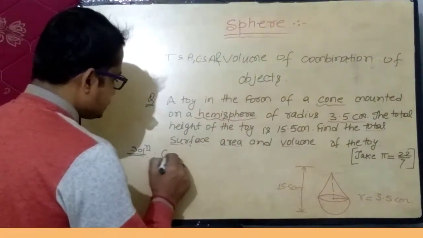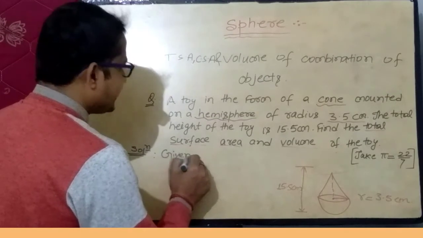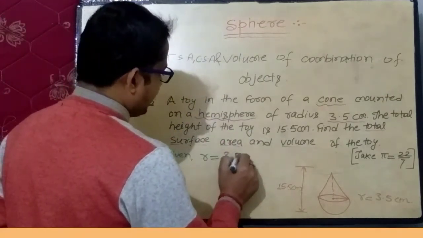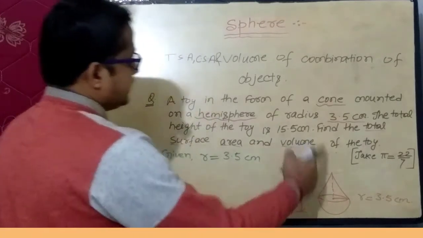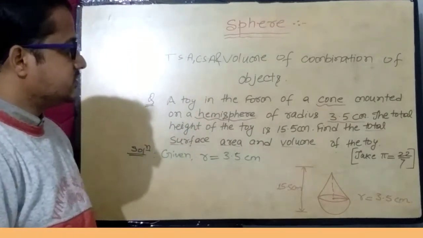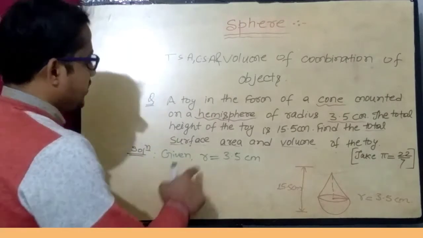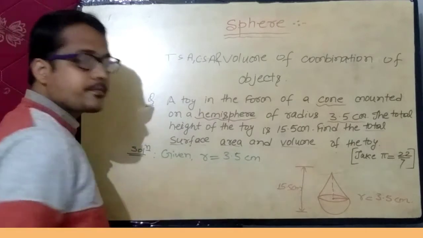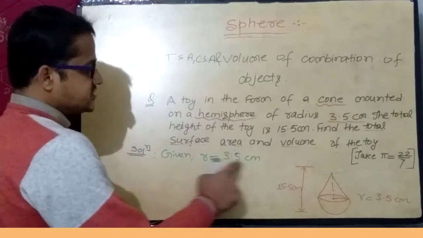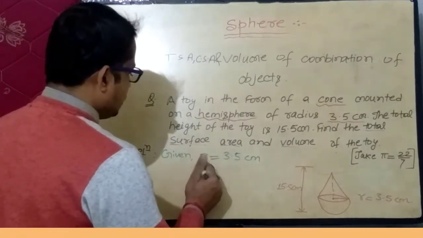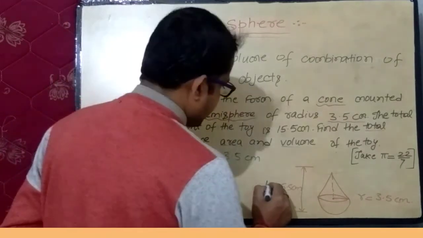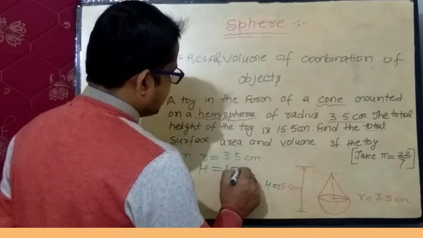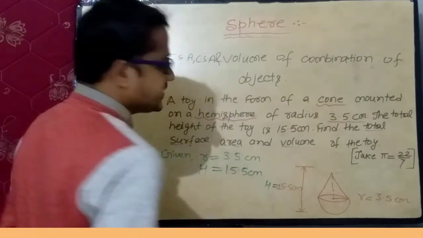So given data are radius equals to 3.5 centimeter. Here about the radius of cone nothing is mentioned. Then we have to consider radius of this cone equals to radius of this hemisphere. So radius equals to 3.5 centimeter. Total height, suppose I have assumed this is capital H and this capital H is 15.5 centimeter.